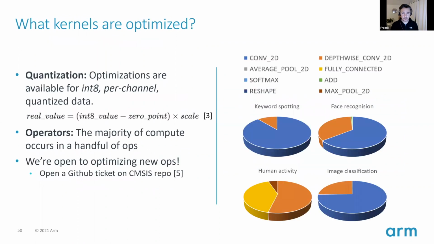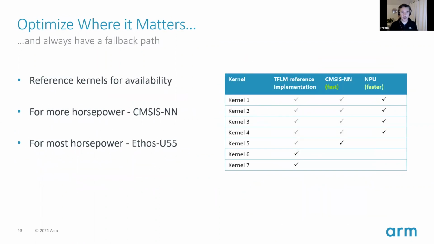So reference kernels are there for availability. There's no optimization. They are written in pure C, so they are portable, they are readable, and they have big coverage. Then if you want some more horsepower in your computation, you use CMSIS-NN.